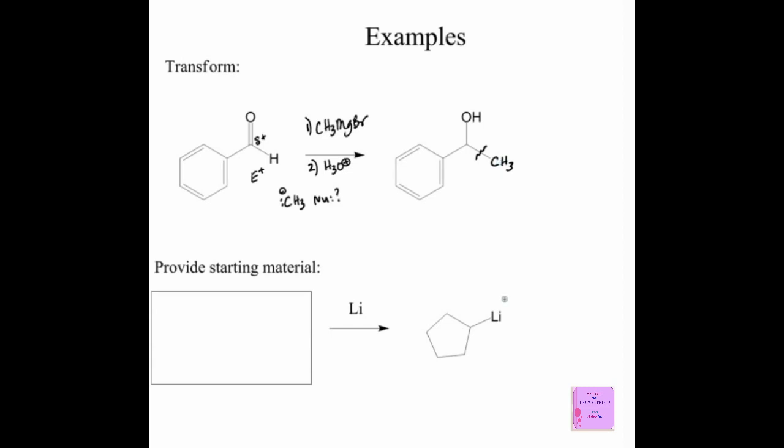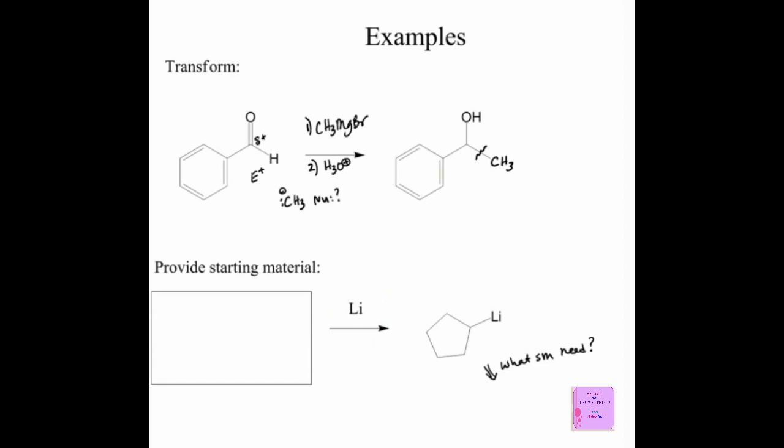Okay, here's another example with an organometallic. Where does this alkyllithium come from? How do we make an organometallic? Well, if we ask what starting materials we need, we're seeing the reaction conditions here. We've added in lithium metal.